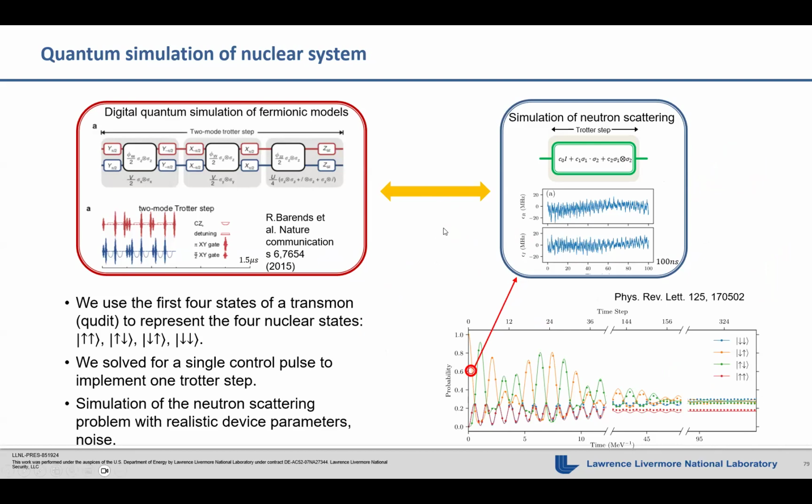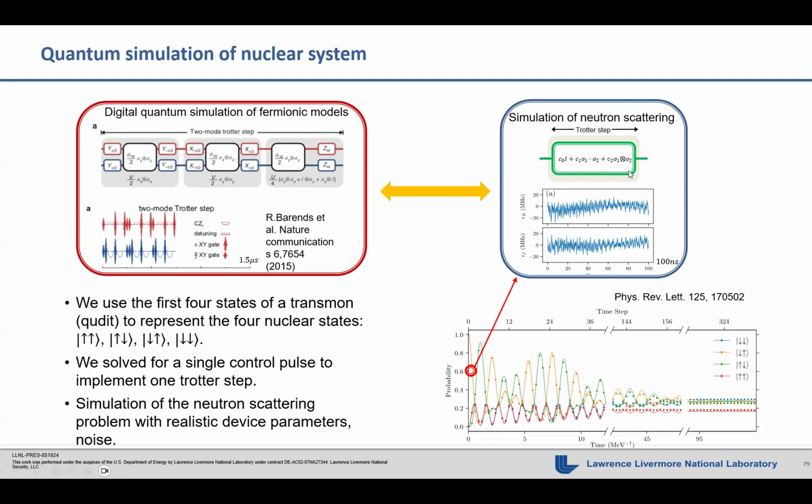So this over here is an early example of doing quantum simulation, which we worked on with Kyle, where we assigned the spin states of 2 neutrons to different levels of a QDIT. So we had the spin up, spin down, spin up, down, 2 different levels of the QDIT, and then we had a neutron-neutron interaction, which we implemented using optimal control.